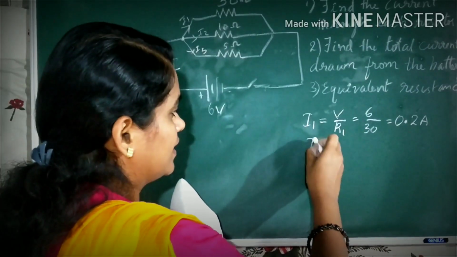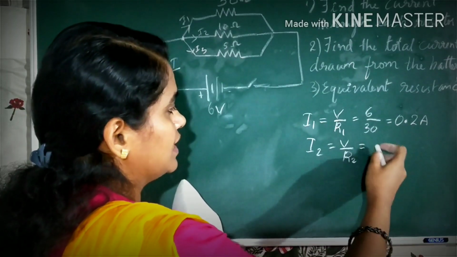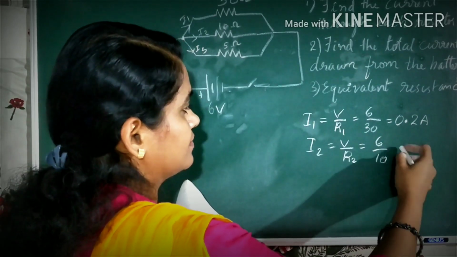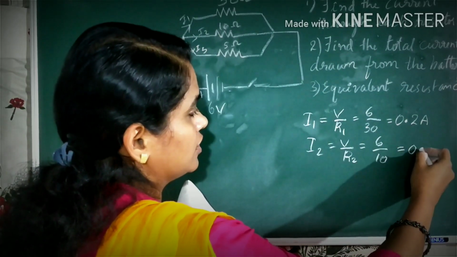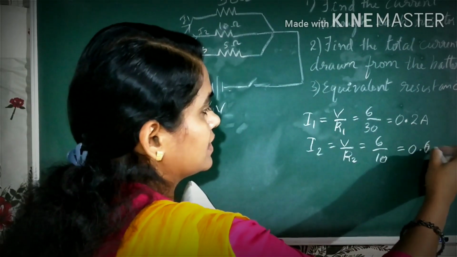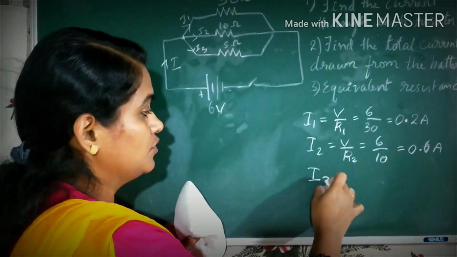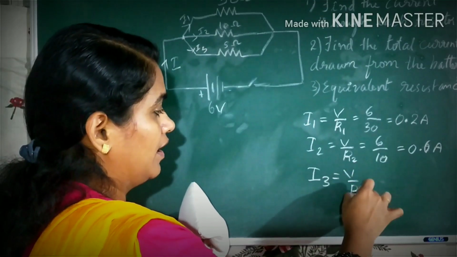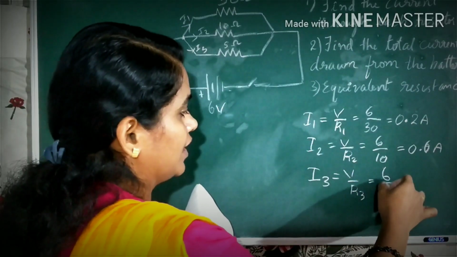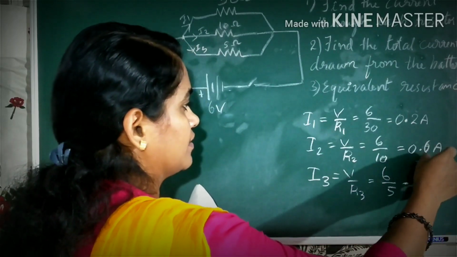The next current I2 is equal to V by R2, which is equal to 6 by 10, that is 0.6 ampere. And again I3 is equal to V by R3, that is 6 by R3, which is 5, which is equal to 1.2 ampere.